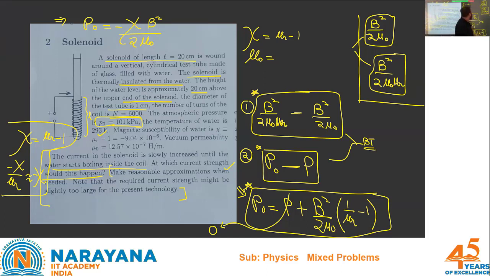Now I don't think there is a big issue because I'll have to just solve it out. P naught का value आ जाएगा minus chi by 2 mu naught multiplied by B square, and that B should be equal to mu naught times number of turns per unit length, n by L, multiplied by I, its square. Solve this equation. I think the only unknown in the problem is I, and you can find out the value of I.